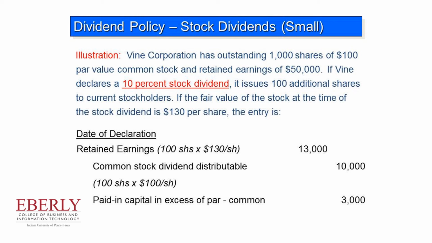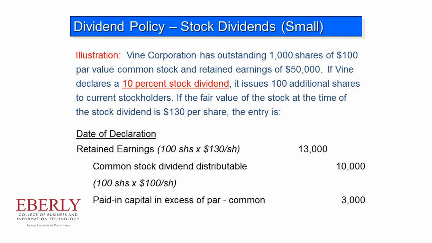So then it's going to issue 10% of 1,000 shares, which is 100 additional shares as stock dividend. So now the question is, what is the fair value per share? Because that's what we need to use to figure out the amount of the dividend. The problem tells us that each of these shares has a fair value or market price of $130 per share.